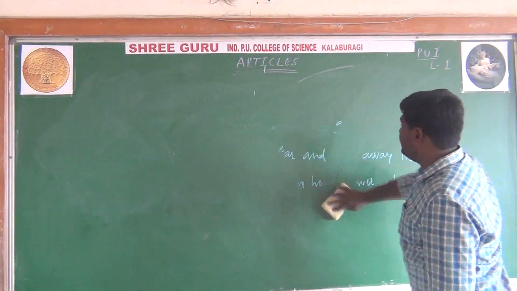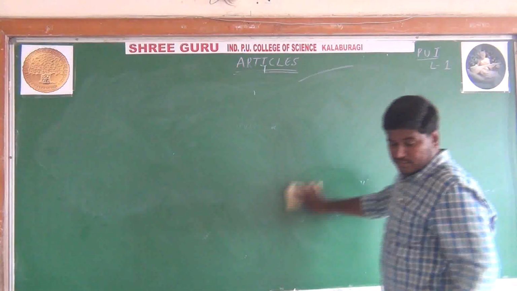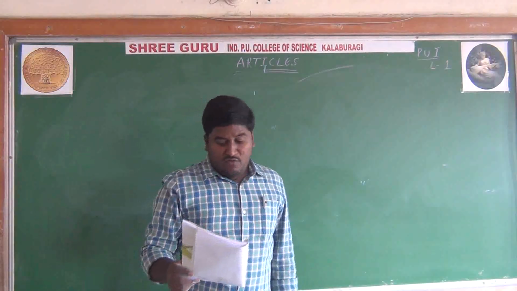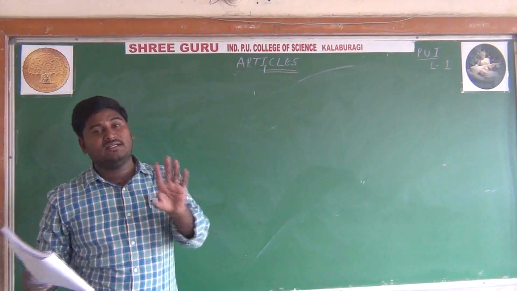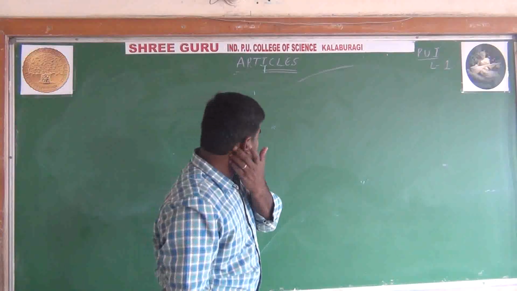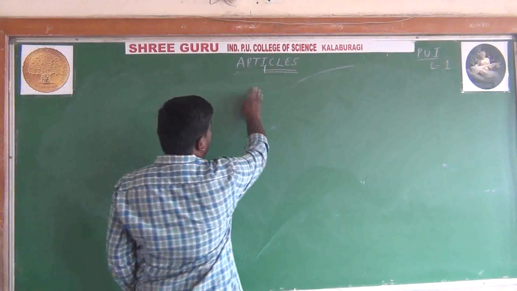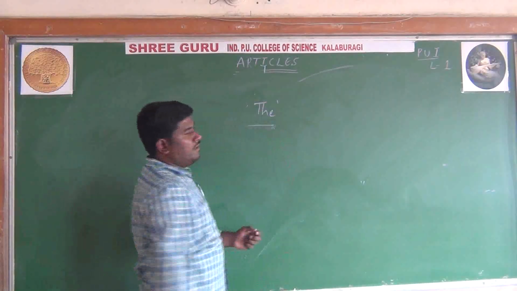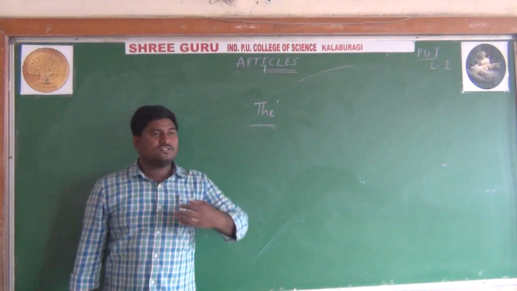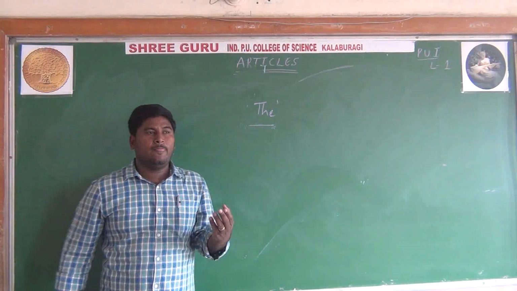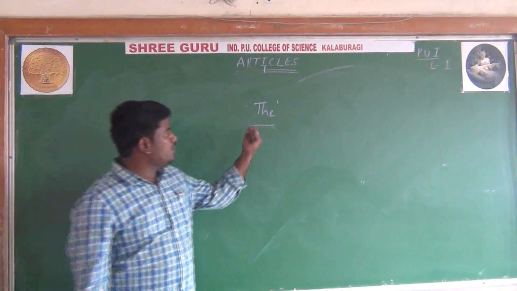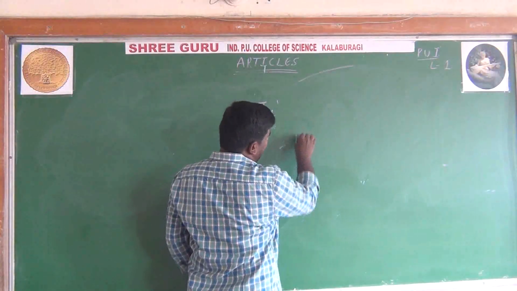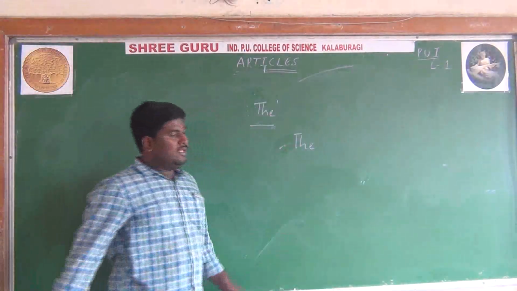Now there are some examples we will understand. Look at page number 1. Fill in the blanks with a, an or the, any one of these. And one more thing, most of the students do not know where to pronounce the word the as thuh and where as thee.